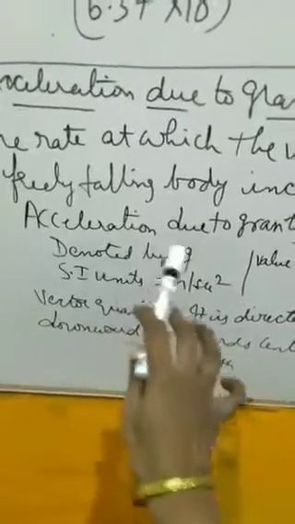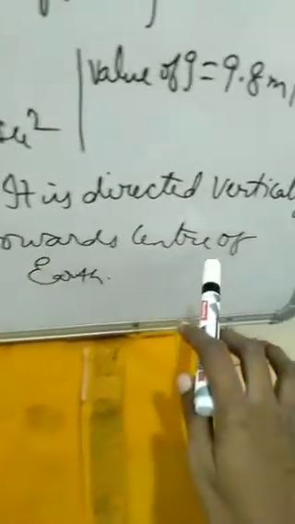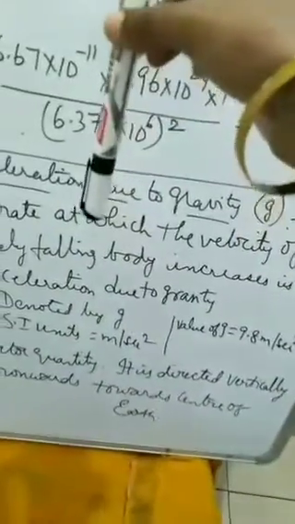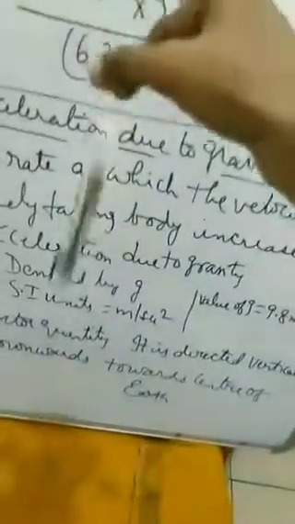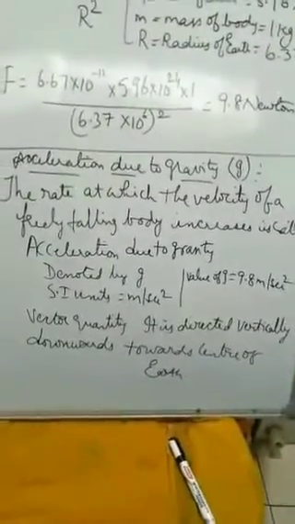This g is a vector quantity because it is directed vertically downwards towards the center of earth. If I leave it, it will not go up, it will directly fall onto the ground. So this is about acceleration due to gravity.